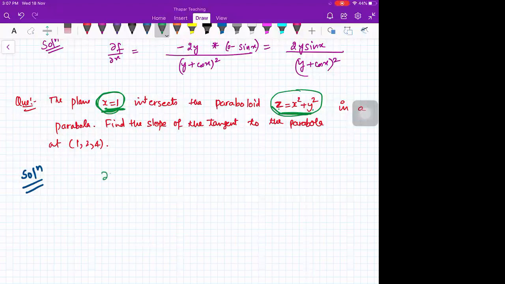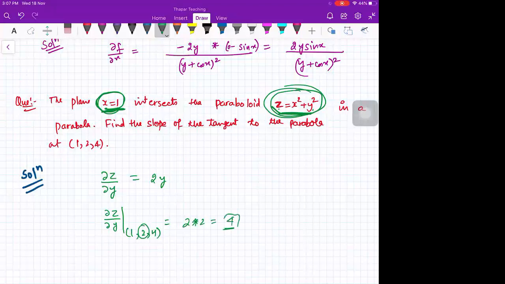So we have to compute curly z by curly y. You can clearly see that is equal to 2y. Now you have to compute the slope at the point (1, 2, 4). At that point the value of y is 2, so 2 into 2, that is equal to 4. So this is your answer.